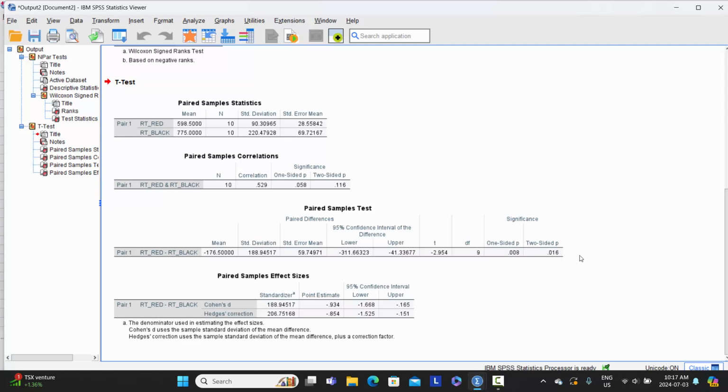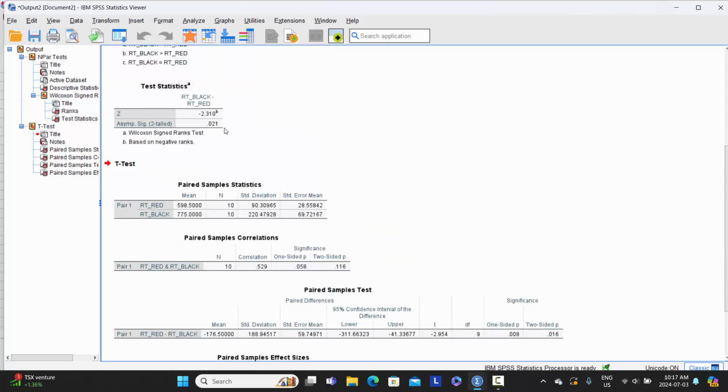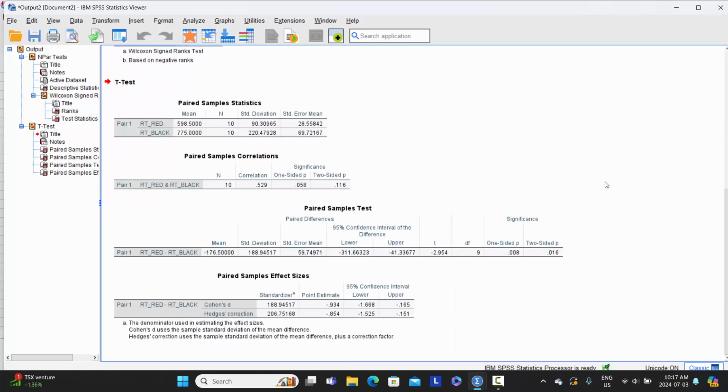And so here we see slightly different statistics. For the two-sided p it is 0.016, and this is a smaller value than, let me just scroll up here, the 0.021 on the non-parametric approach.